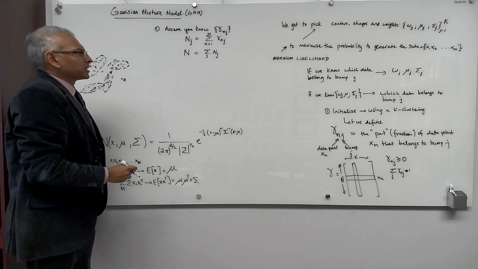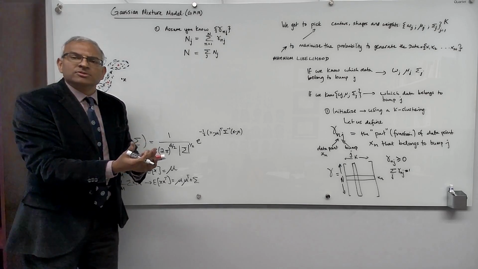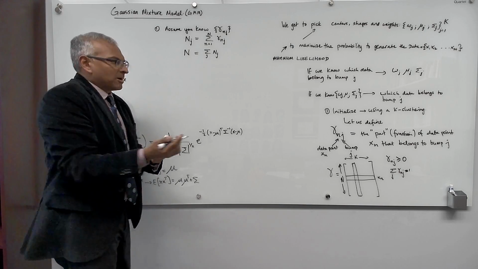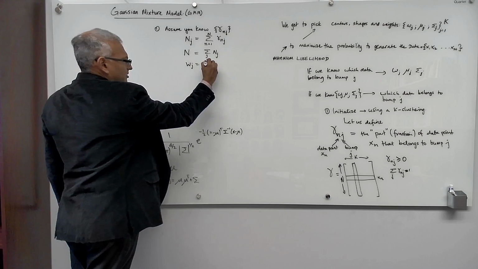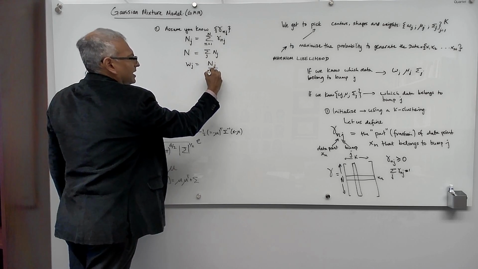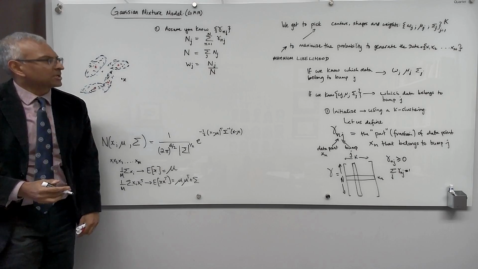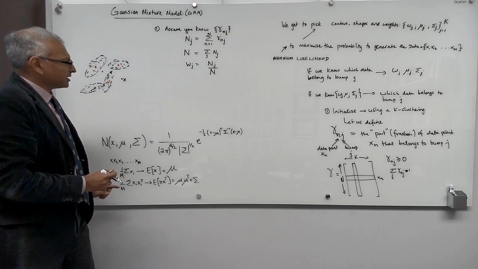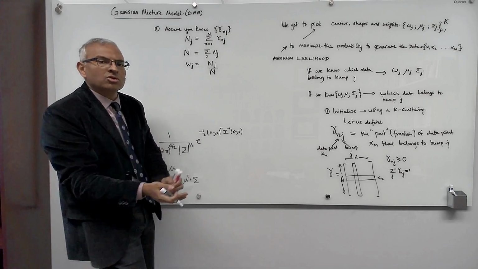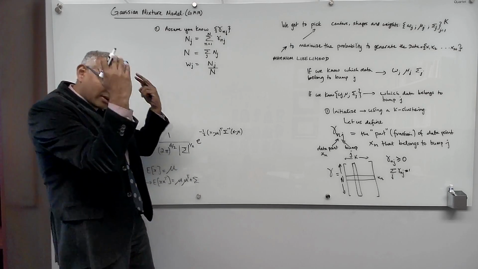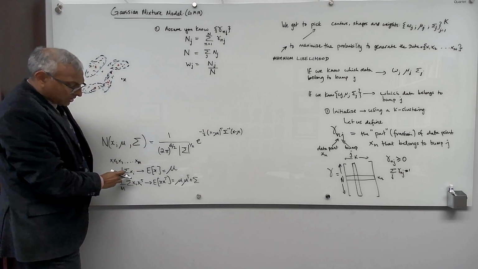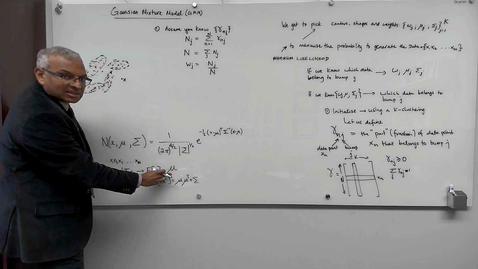Okay, that's good. Now, the amount of data that belongs to bump j is the weight of bump j. So wj is just equal to nj divided by n. Very easy update. And what about the center? Well, assuming that all the data that belongs to the bump was generated by the Gaussian for that bump, then the average data point that belongs to that bump is exactly the center.